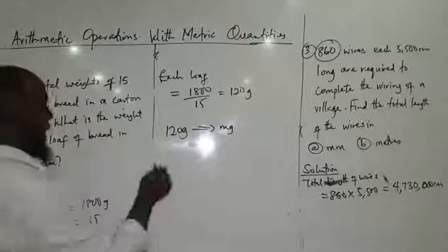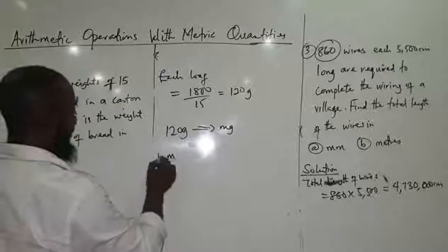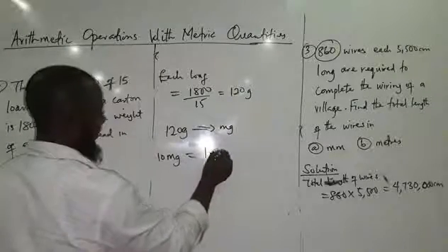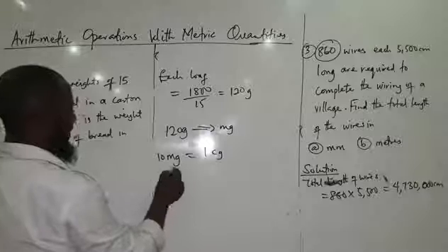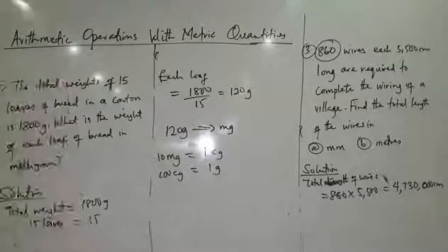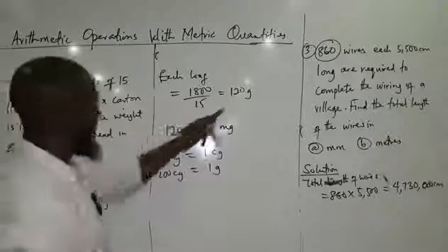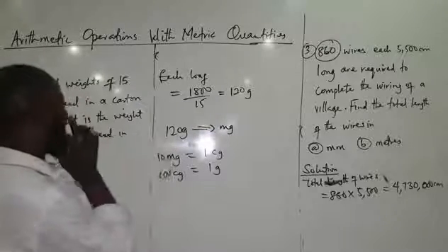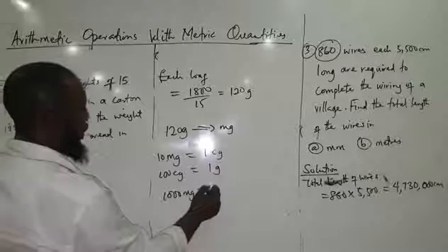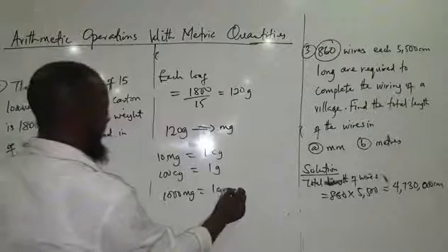We have 10 milligrams make 1 what? Centigram. And 100 centigrams make 1 what? Gram. I hope I'm making sense. So we are moving from gram to milligram. In that case, that means that 1,000 milligrams give you what? 1 gram.